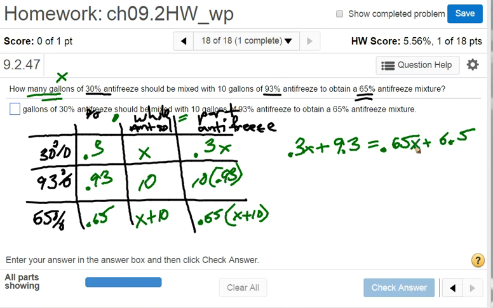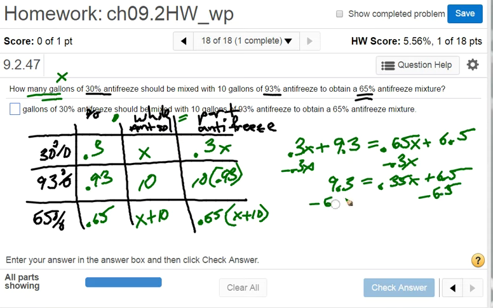Forgot the x. Okay, so we go ahead and solve this. I'll subtract my 0.3x from both sides. So I have 9.3 equals 0.35x plus 6.5. Then subtract the 6.5 from both sides.